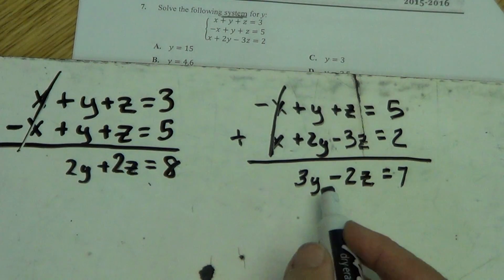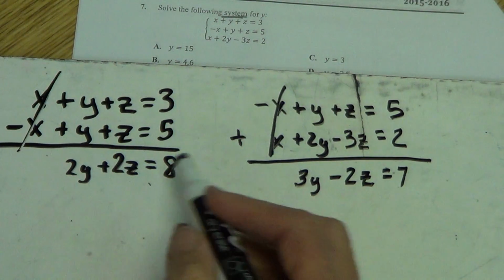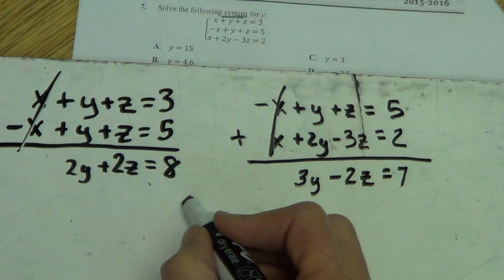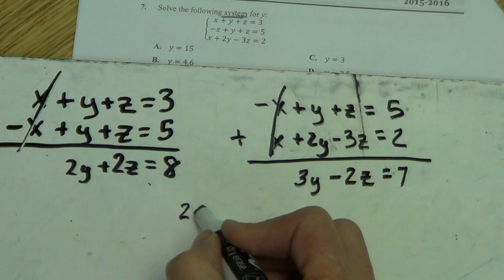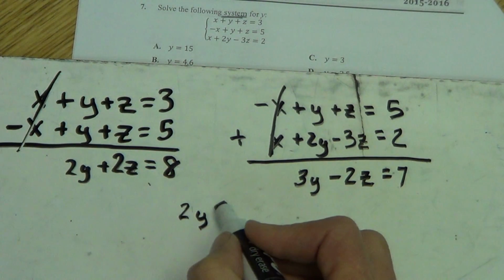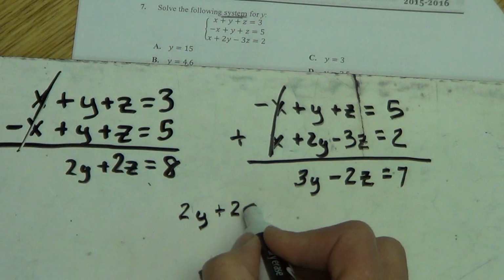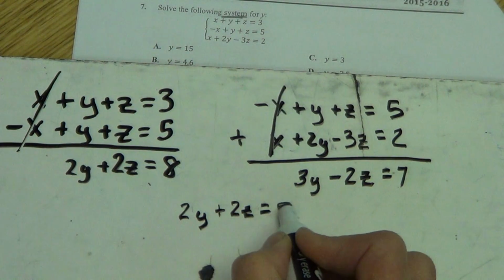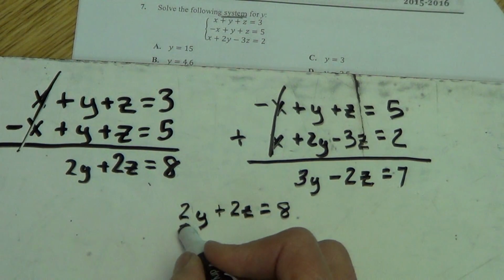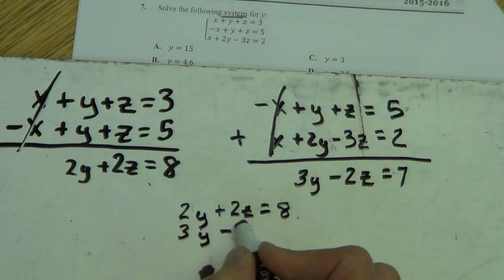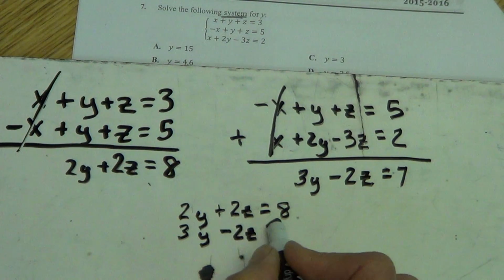Now if we look closely, we could add these two together and our z's would wipe out. So let's just do that. 2y plus 2z equals 8. 3y minus 2z equals 7.